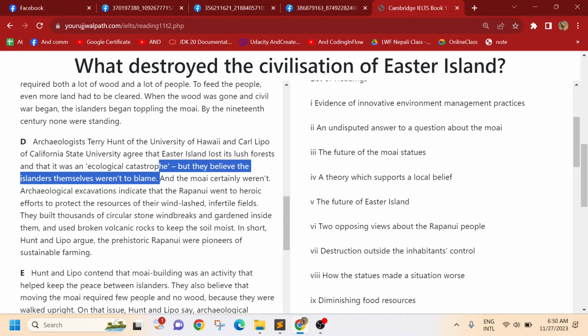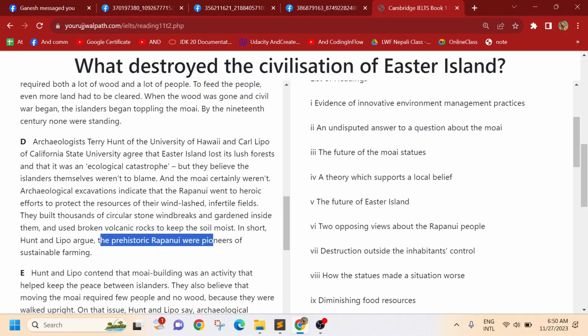And the last sentence in short, again they argue, means they put their point: prehistoric Rapunai were pioneers of sustainable farming. So they were the first people of sustainable farming. So the destructions, we should not blame the people as per this one, and also they were better at farming, sustainable farming.